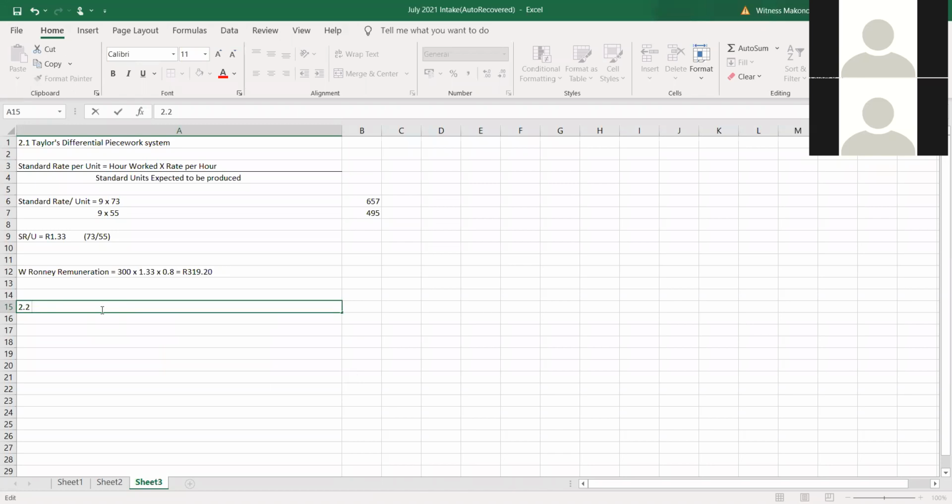All right. So the formula is the square root. I'll write it in words. Square root of 2 times the cost of placing an order times the annual usage.